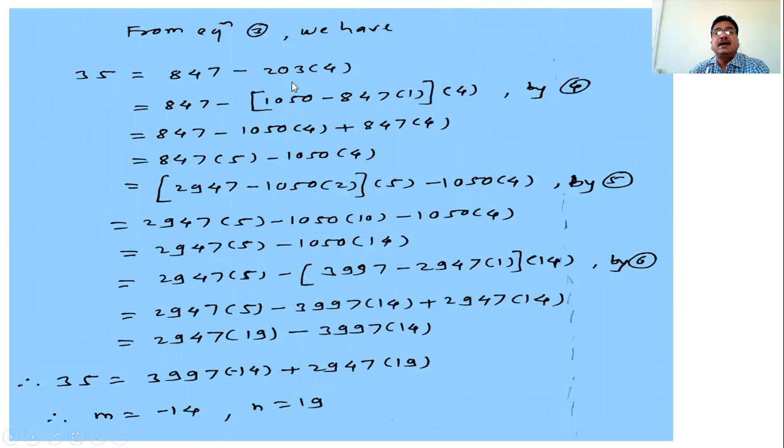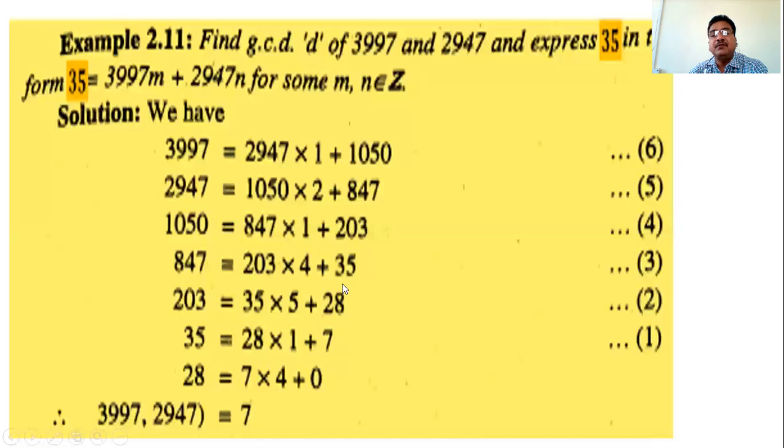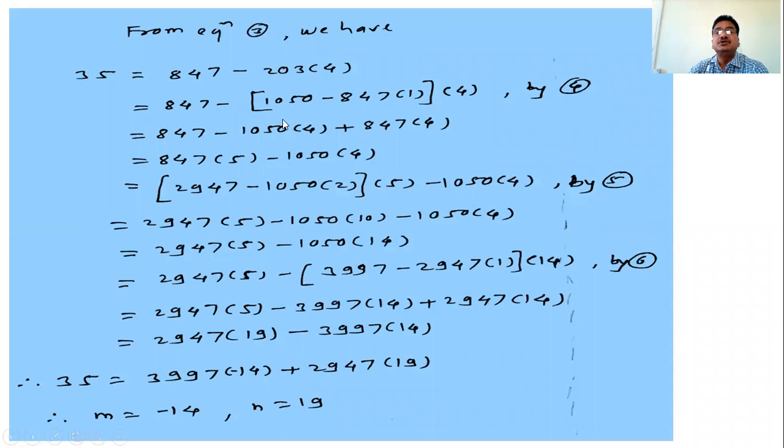Here, write the value of 203, then use equation number 4. After 3, use equation number 4. And from equation 4, we have the value of 203. It is 1050 minus 847 into 1. Write it in a bracket, 1, and then multiply by 4 in the bracket.